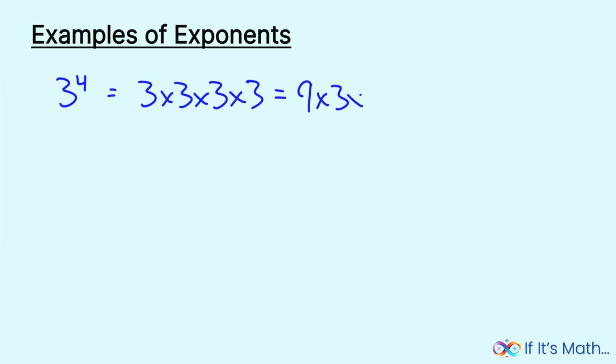And I've still got 2 of them left. So that's going to give me 27 times 3. And then that is 81. So 3 to the 4th power equals 81. That's how you'd read that. 3 to the 4th power equals 81.